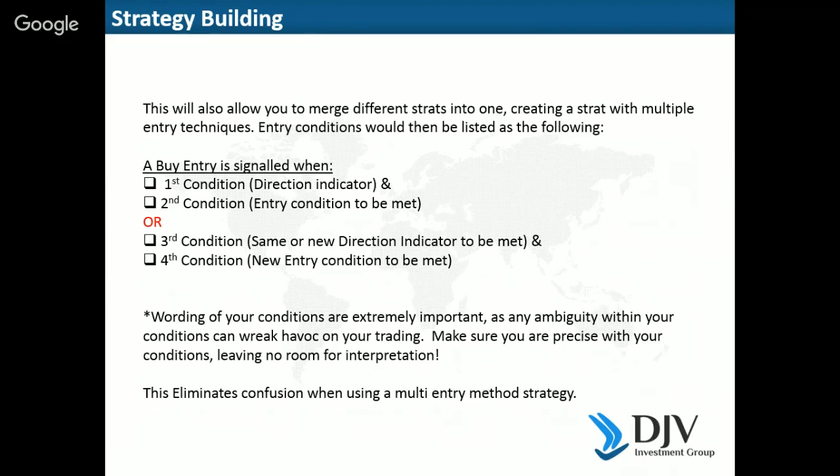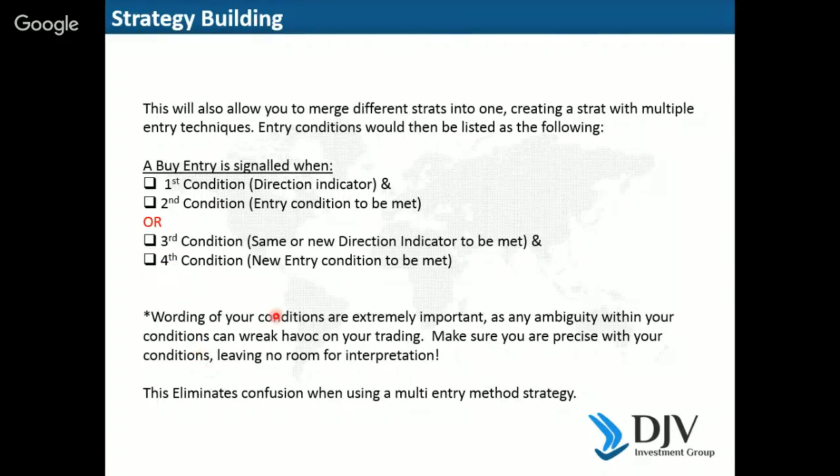So we might have a layout like this, where we've got our first two conditions, which are the direction and entry conditions. Then we set a section which is "or", so we either get the first two ticked or the next two ticked. The next two would either be the same or a completely new direction indicator that needs to be met, and then a new entry condition that needs to be met, or cycle that needs to happen. That is how we merge more than one system together on the same tick chart.